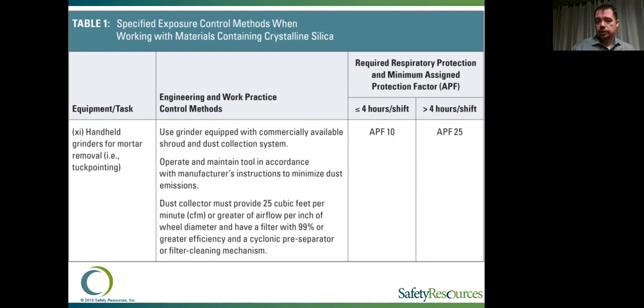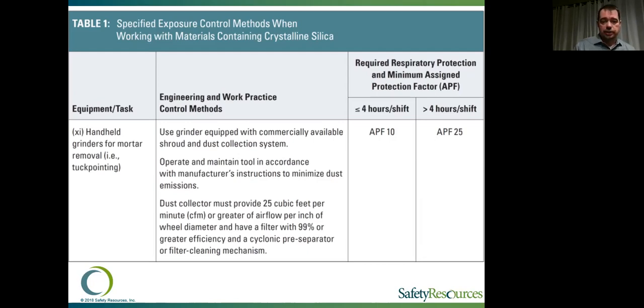Again, it's the same breakdown in the respiratory protection requirements in terms of less than 4 hours or more than 4 hours for the shift. In this example, if it's less than 4 hours, a respirator that meets the requirements of APF 10 would be required. If it's greater than a 4-hour shift, we are now required to have a respirator that meets an APF 25 level.